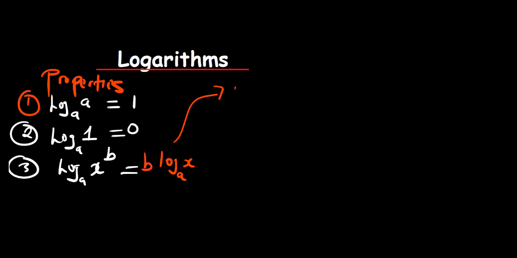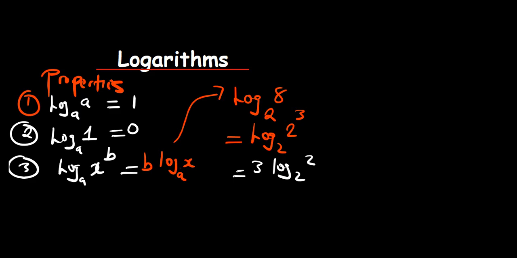Let's say you're told to find log of 8 in base 2. Make sure that you simplify your expression. So this one will be log, the base is 2, and 8 can be written as 2 to the power 3. Because we have the power, it can drop, and when the power drops, I'm going to have 3 log 2 in base 2. And this is just like rule number 1, because we have a log and the base is the same.